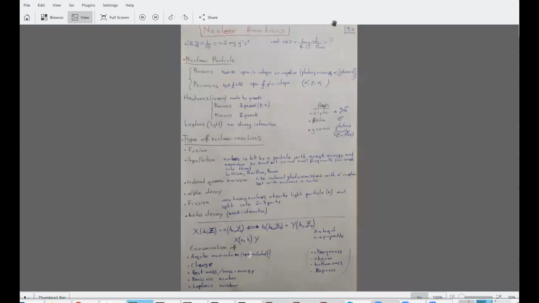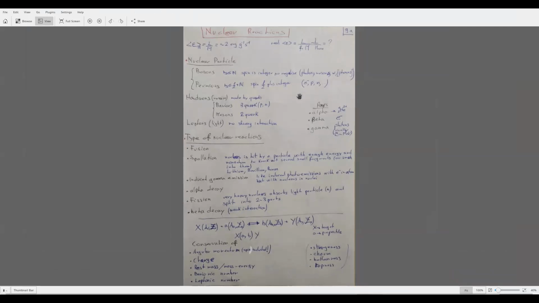Okay. Let's go. I think I also sent you a nice summary of the constants. Some are approximations, but some are definitely constant because since 2019 the Planck constant, the Boltzmann constant, and the Avogadro number are fixed.